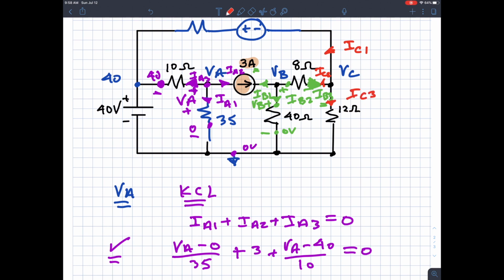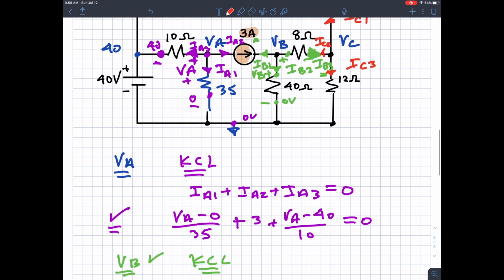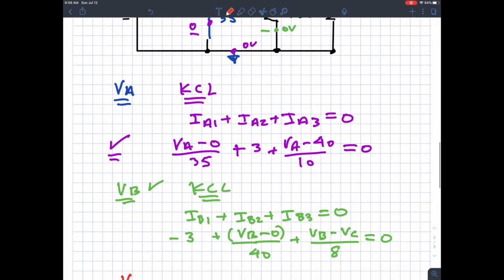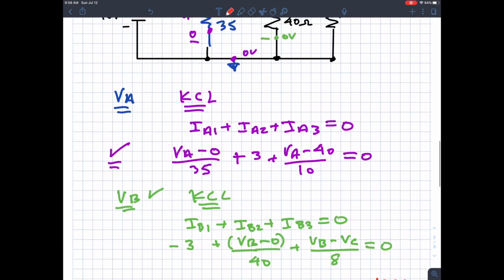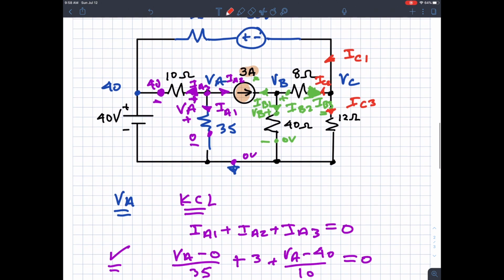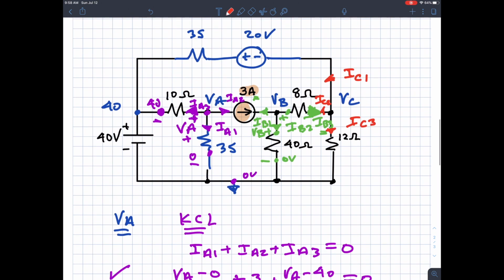I usually start over at every node and write a different reference current, and what I get is IC1 plus IC2 plus IC3 equals 0. All right, that's KCL, Kirchhoff's current law.